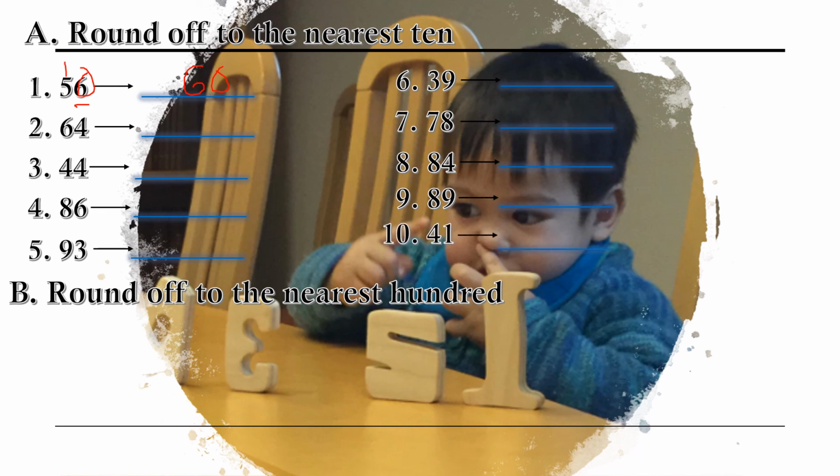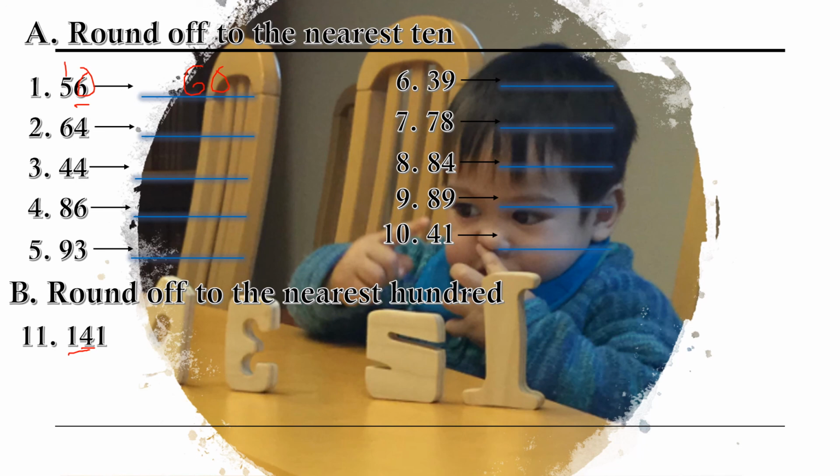Letter B, round off to the nearest 100. In rounding off to the nearest 100, you're going to look at the two highest place values. So this tens and 100. Okay? You're going to look at the tens place. Okay? It's round up, round down?